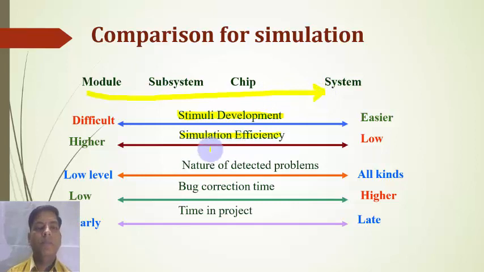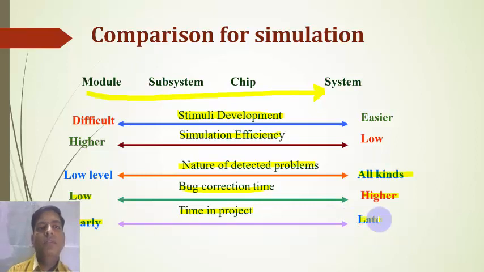Then the nature of the detected problems: low level at module side, but towards the system side it considers all kinds of detected problems. Next, bug correction time is low at module side but higher at system side. Then time in project: at module side it is early, but at the system side it is late.